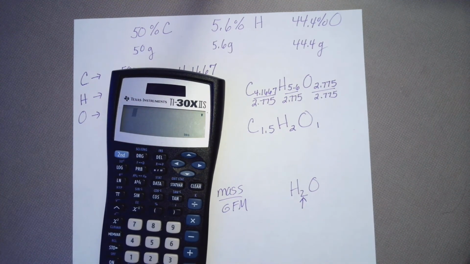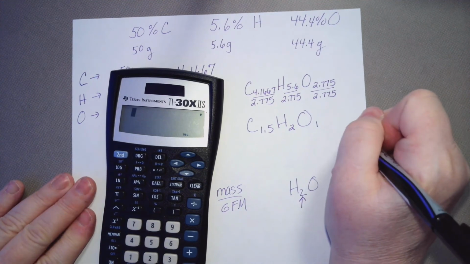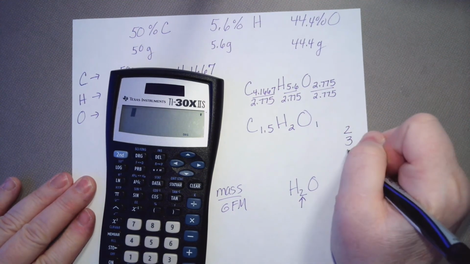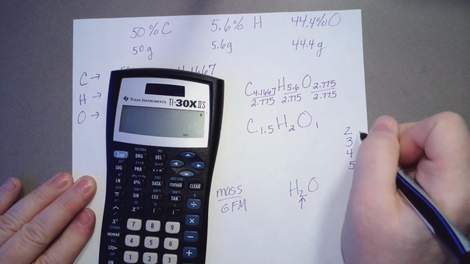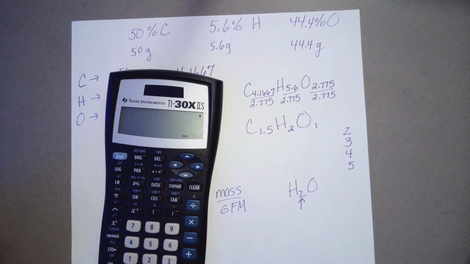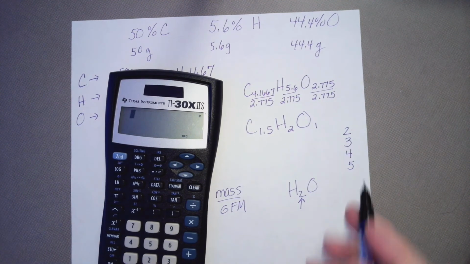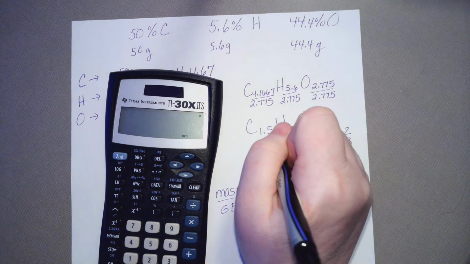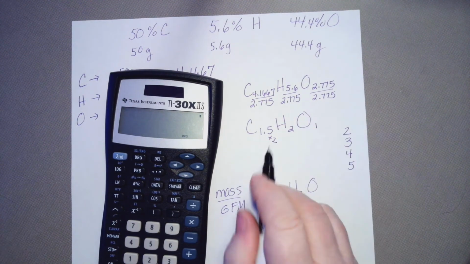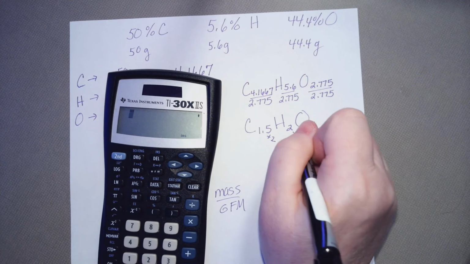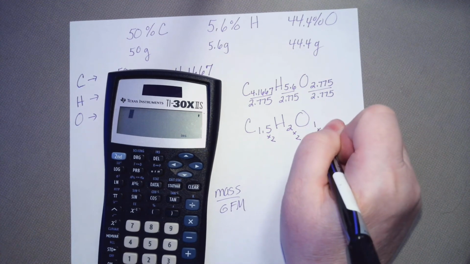This time I want to multiply. And the numbers to try multiplying by are 2, 3, 4, 5. Worst case scenario, maybe you have to go higher than that, but I haven't really seen it. So try 2 first. So what does that mean? I'm going to take 1.5 times 2. But if I do that, I need to do this one times 2 and this one times 2.